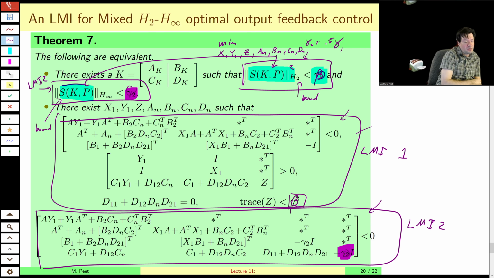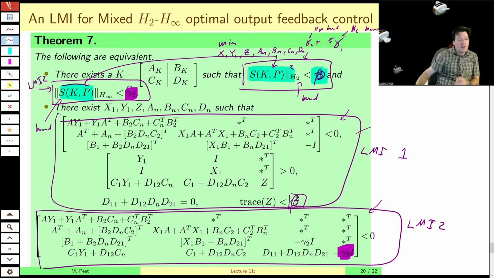You can't minimize both at the same time, but you can minimize a weighted combination of the two. So you can minimize, say, your bound on the H infinity norm, plus, let's say, you give half a weight to the bound on the H2 norm.